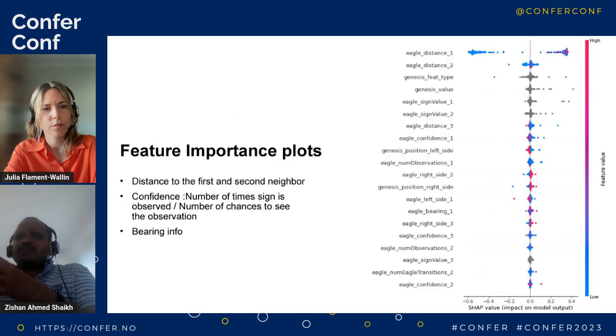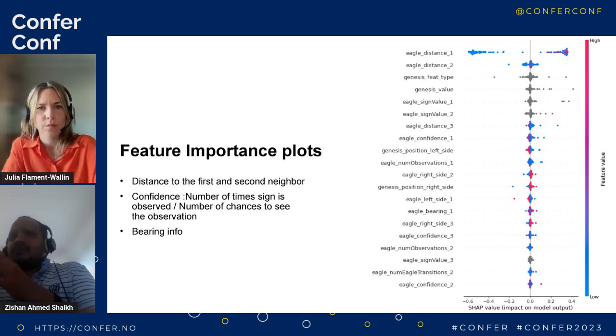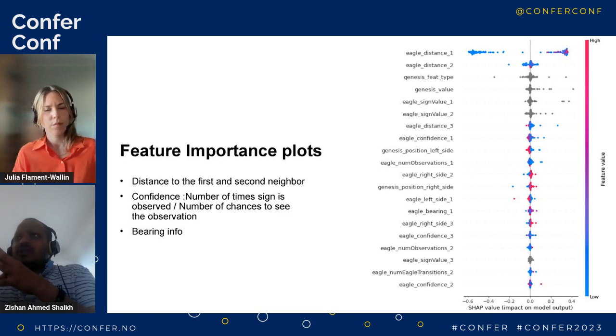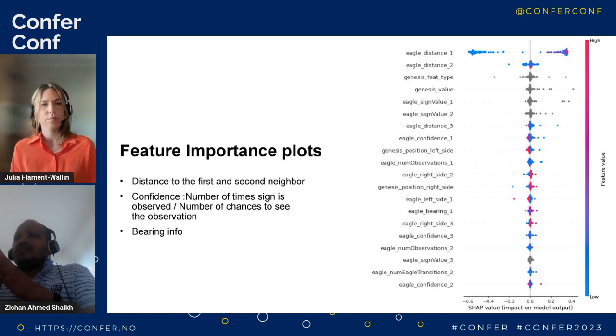Next slide, please. And this was the outcome. Here you can see the feature importance plots. Basically, it gives an idea of what the machine learning model was looking into, which features it considered the most important ones, with importance in descending order, the top one being the highest.